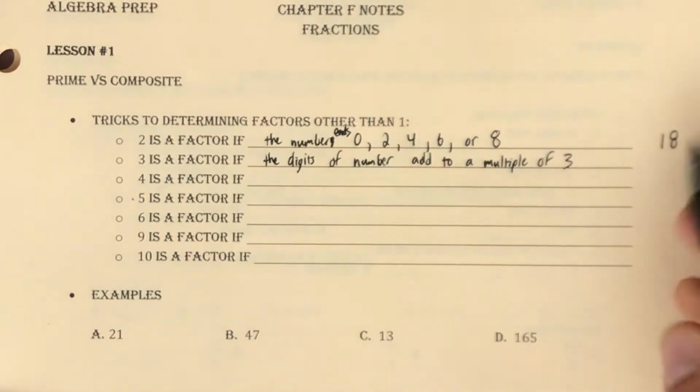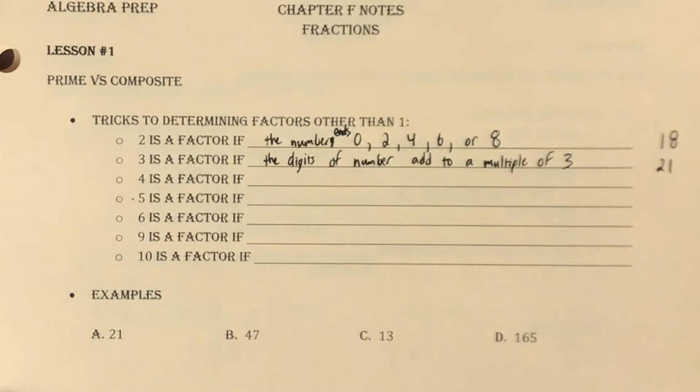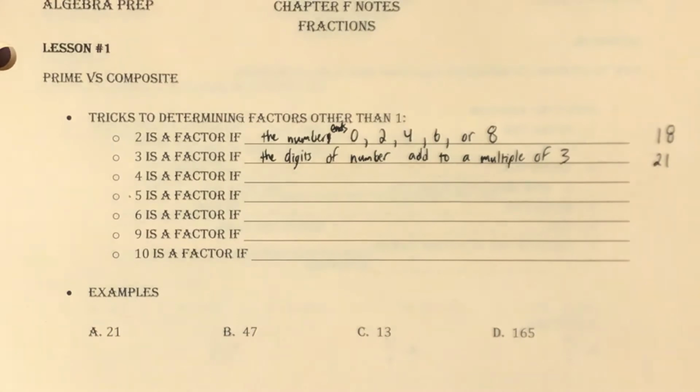All right, if we added 1 plus 8, we get 9, and 9 is a multiple of 3. We can do that with any number that's divisible by 3. Take 21, you add 2 plus 1, and you get 3, so there again a multiple of 3. So any number that you can add the digits together, doesn't matter how big the number is, if you can just add the individual digits together and it ends in a multiple of 3, then 3 is going to be a factor.